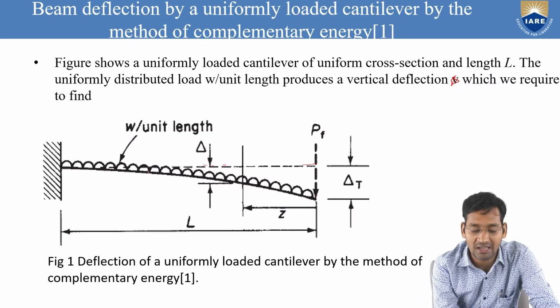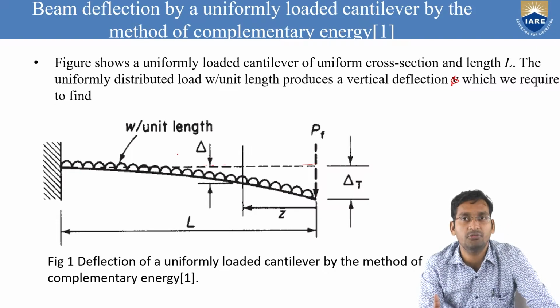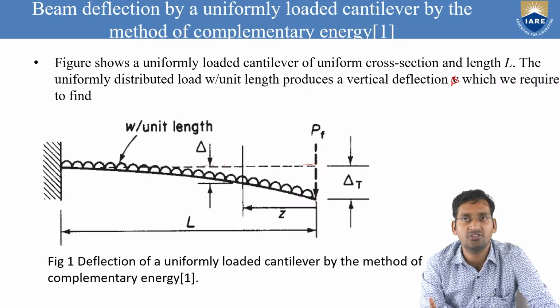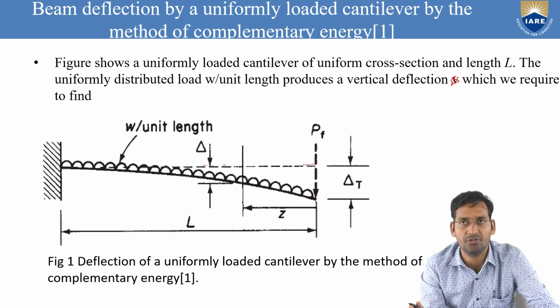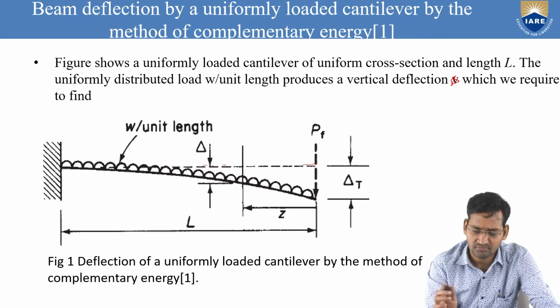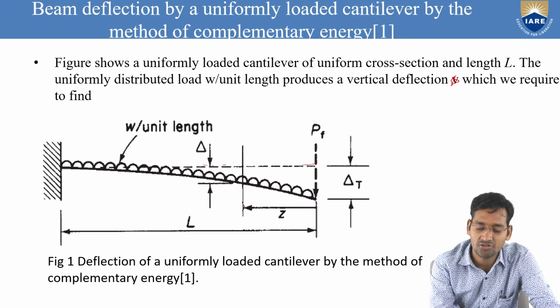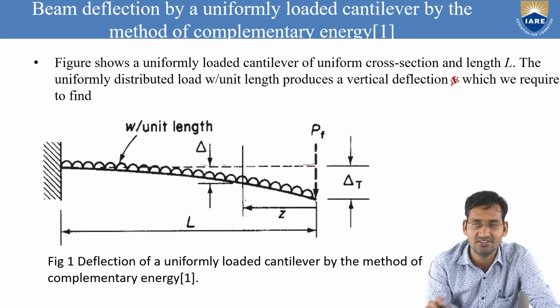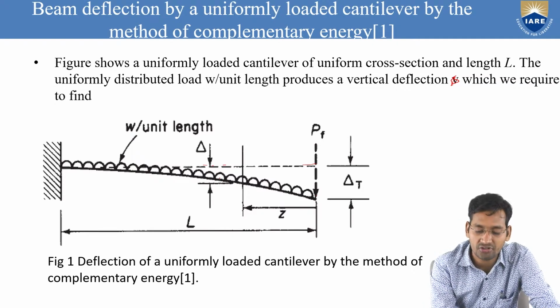Now we only have this load. So for the energy method, we apply a fictitious load at the end point of the cantilever. Then, at a distance z, take a cross section of thickness delta.